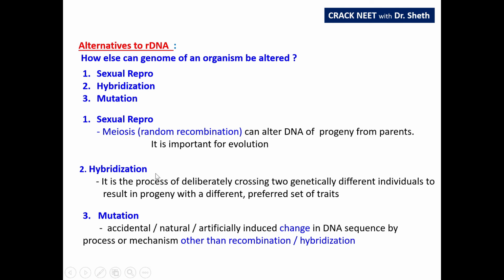But even other animals, either by intent or naturally, may have different properties and they can also hybridize, producing new genetic traits. However, mutation is a process where without sexual reproduction or without hybridization, there are changes which happen in the DNA sequence. This kind of a process can also change the DNA sequence of an organism, and then it is said to be a mutation.